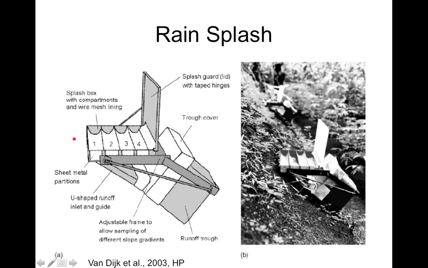Well, what we can measure is the distance effect. So we should get most amount of sediment collected in chamber 1, a little bit less in chamber 2, even less in chamber 3, and then finally a small amount in chamber 4. So we can estimate the downslope component of sediment transport by rain splash using a little collector like this.